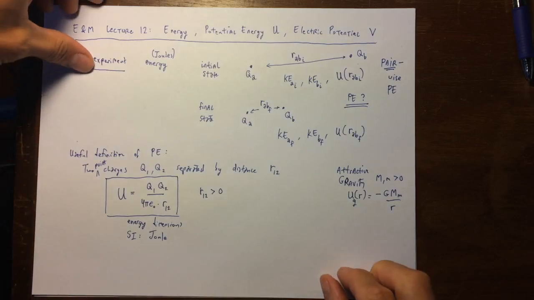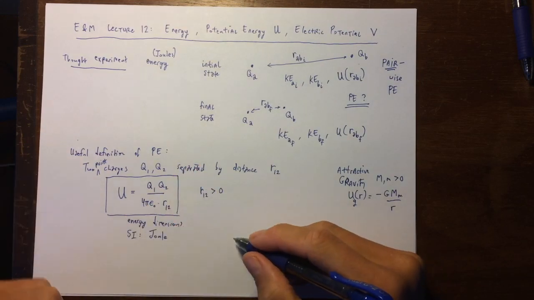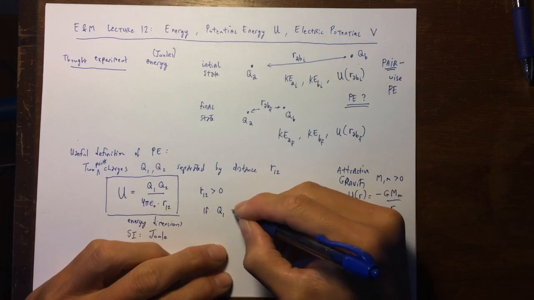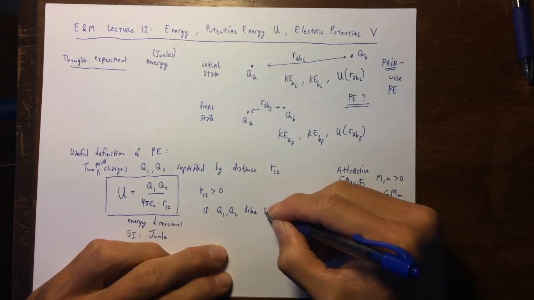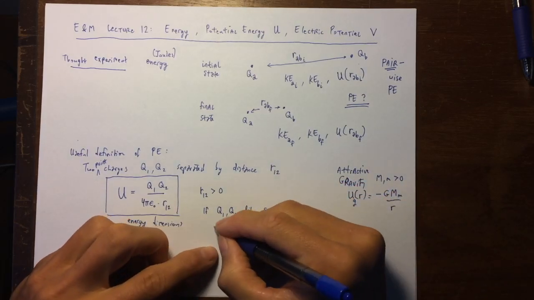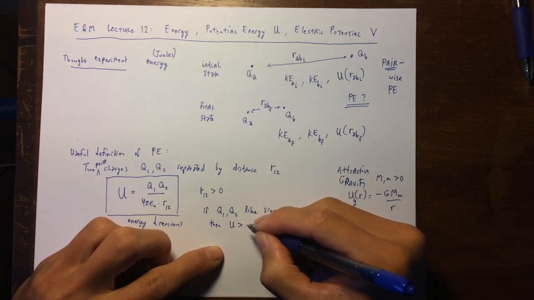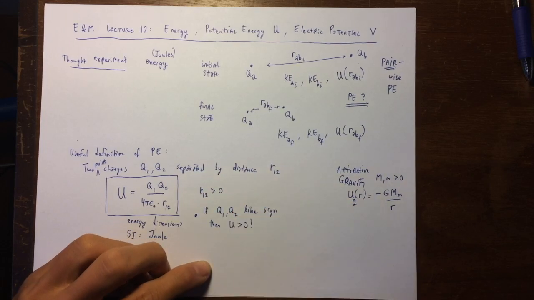Okay, so what I want to do, actually, let me also say, if Q1 and Q2 are like sign, then the potential is only ever positive. I wonder if you can see this in your mind.